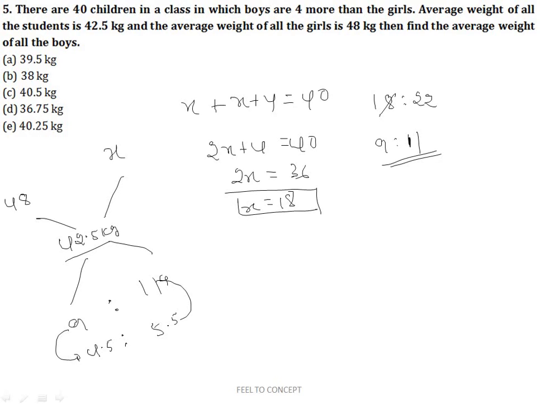The difference from 42.5 kg is 4.5. We can match the value 38 to 42.5, where the difference is 4.5. In this case, the average weight of the boys is 38 kg, the right answer.